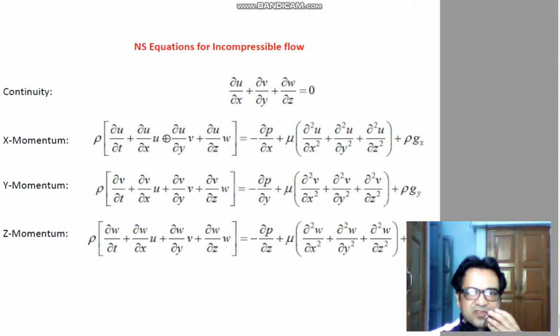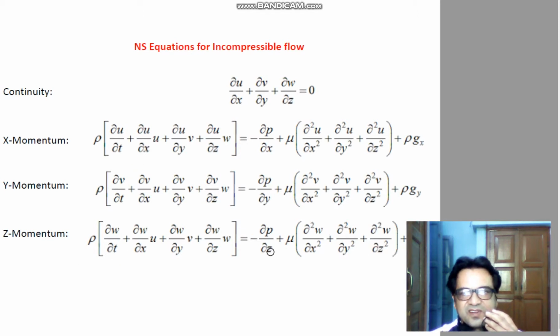Similarly, the x momentum equation is this. You see, this is the local acceleration, this is the convective acceleration part, this is the pressure gradient, this is the viscous term, and this is the gravity. Similarly, you just replace u by v, you will get the y momentum, and you replace u by w, you will get the z momentum equation.